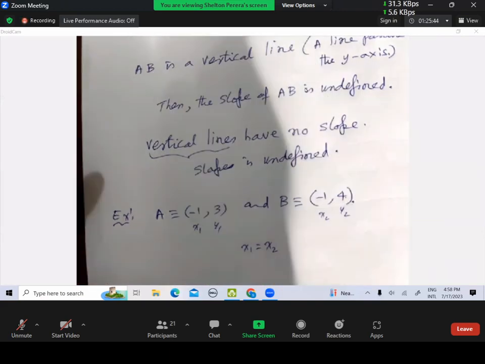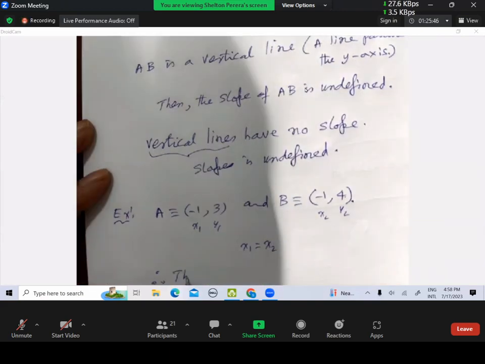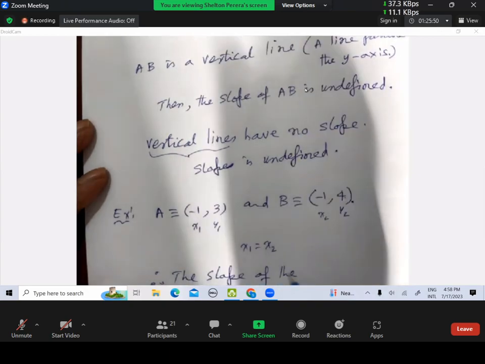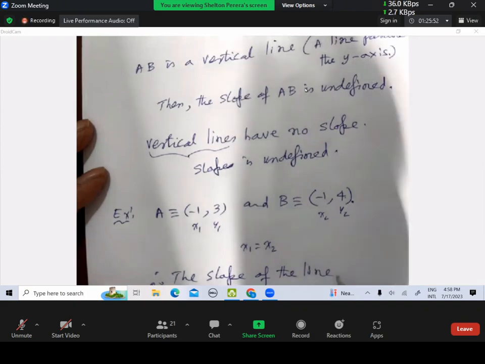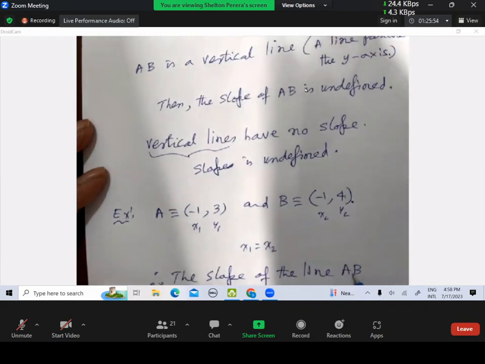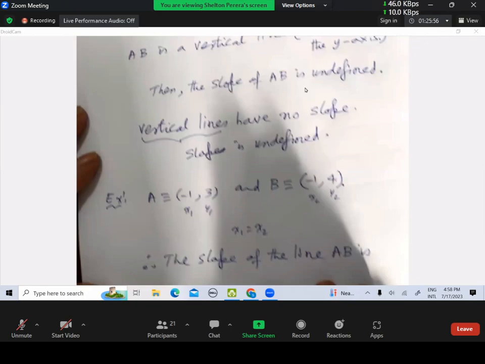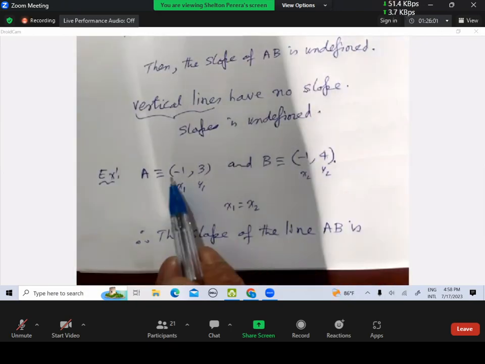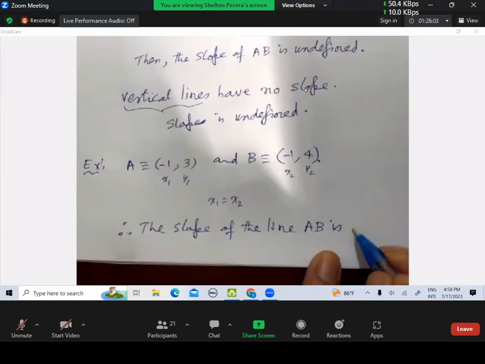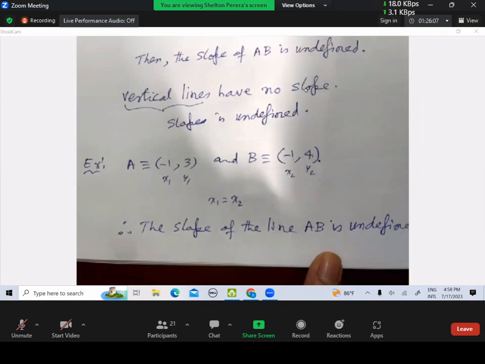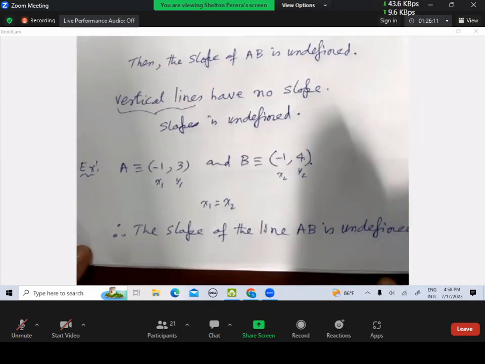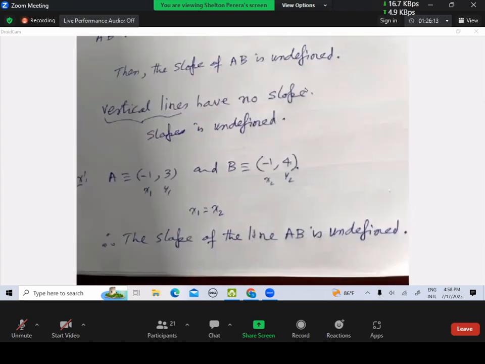Therefore, the slope of the line AB is, what is the slope? You have to check whether they are equal. Slope of the line AB is undefined. Do you understand it? Undefined. Okay.